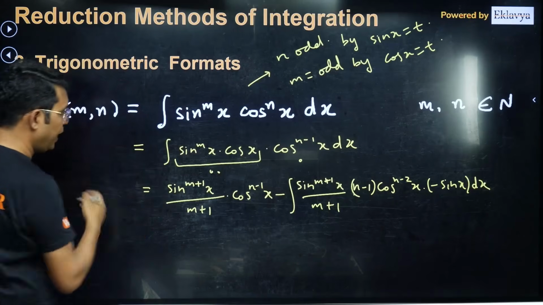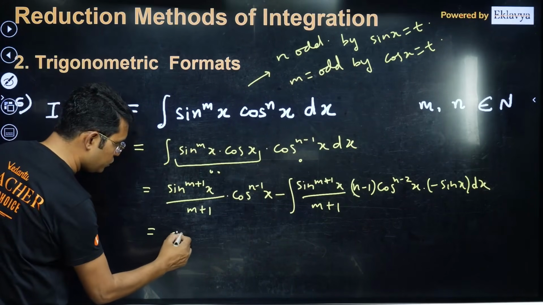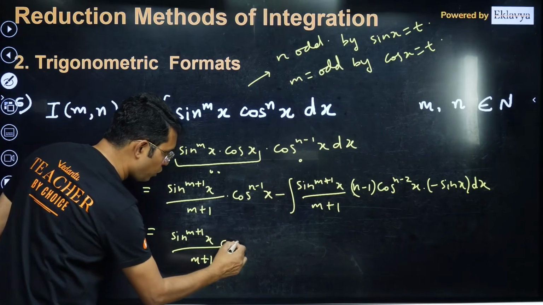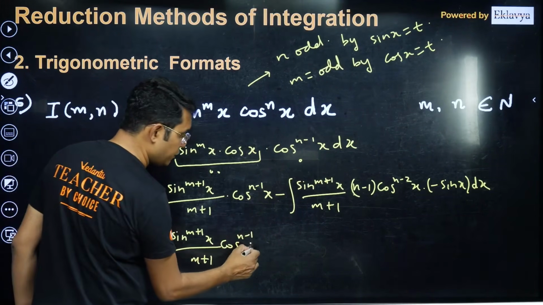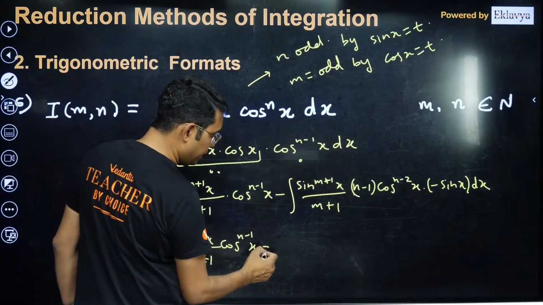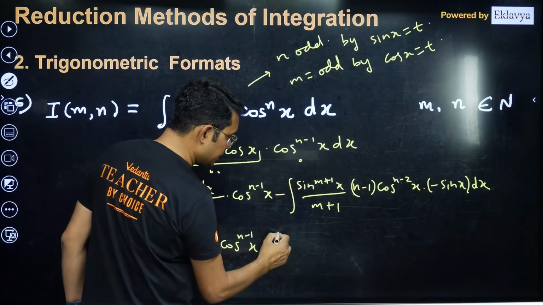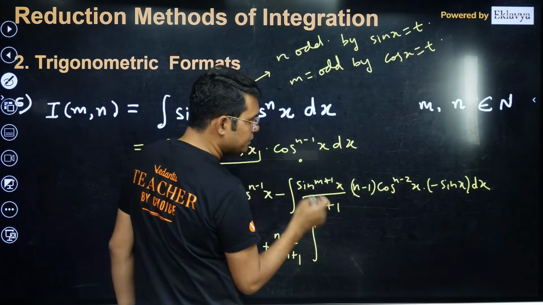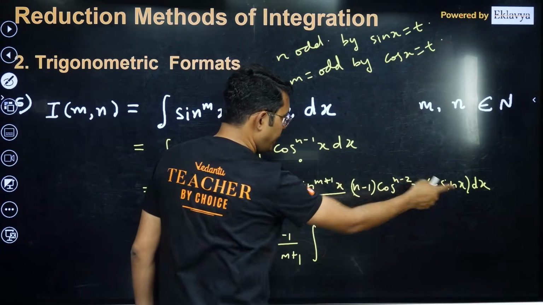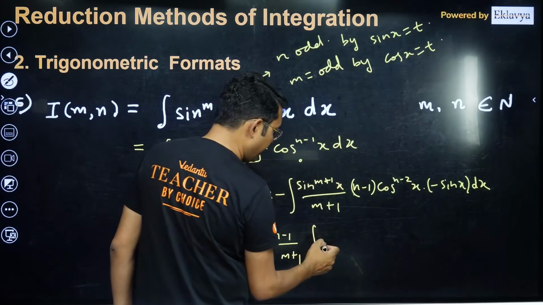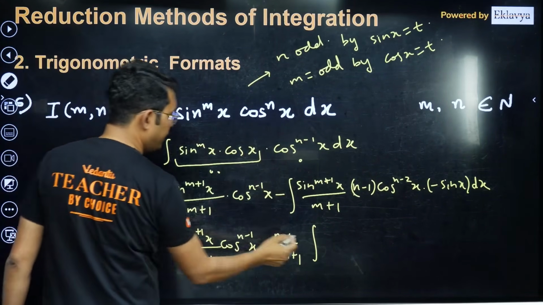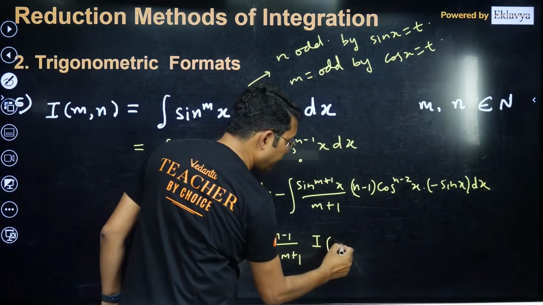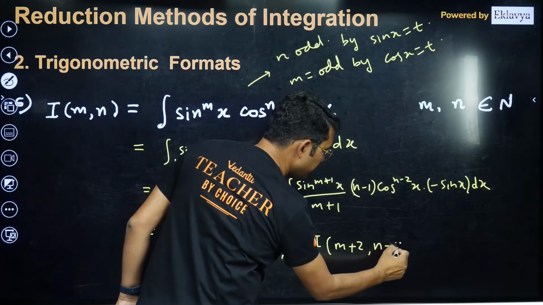Okay, so this I m comma n has become sine raised to the power m plus 1 x upon m plus 1 into cos power n minus 1 x, minus, I can make minus minus plus, and this n minus 1 upon m plus 1. And here you can see this sine x, if multiplied with here, you will be getting, let me write it directly, let me not write it as an integral, rather let me write it as I m plus 2 comma n minus 2.